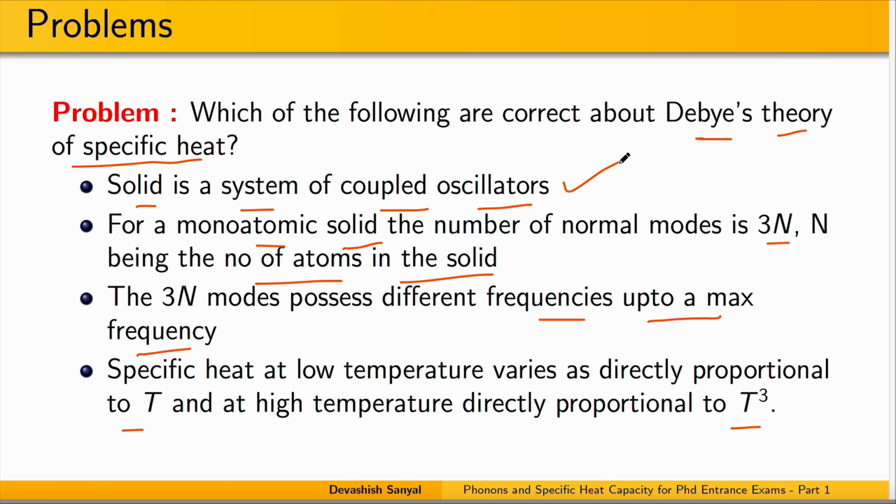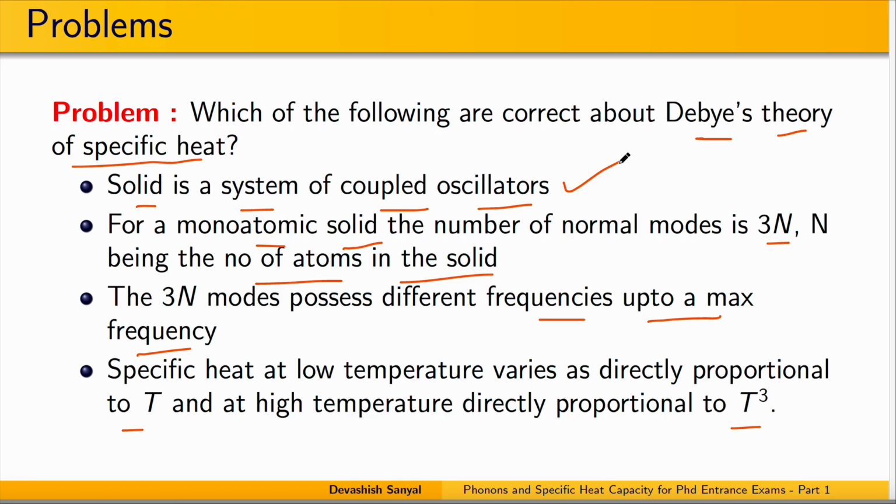The solid is considered as a system of coupled oscillators, which Einstein did not consider. Einstein considered the solid to consist of independent oscillators, as did Dulong-Petit. But in Debye theory, the solid was considered as a system of coupled oscillators.